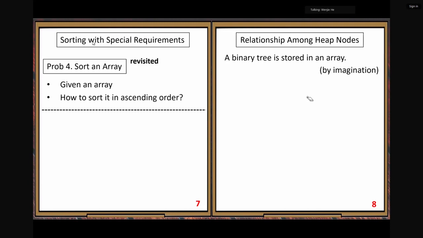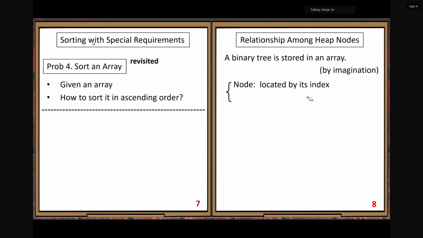The root node, then under the root node, the first level, two child nodes, the second level, and so on.